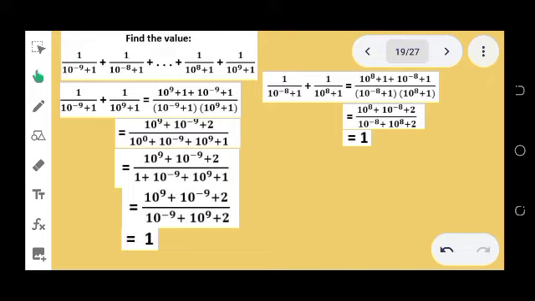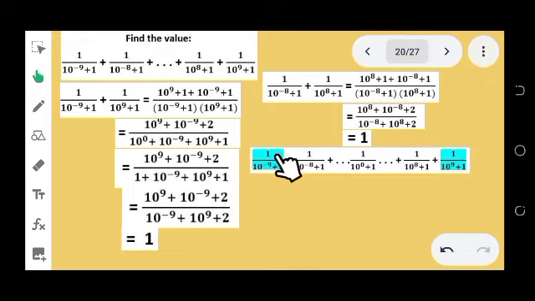Pairing 1 over 10 to the negative 9 plus 1 and 1 over 10 to the 9 plus 1 has a sum of 1. Same thing with 1 over 10 to the negative 8 plus 1 and 1 over 10 to the 8 plus 1, they will also give you a sum of 1.